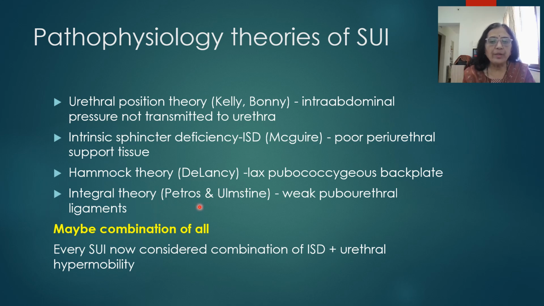The integral theory was by Petros and Ulmsten, and according to that, there is a weakening of the pubourethral ligaments that leads to the urethra becoming lax, and that leads to incontinence with raised intra-abdominal pressure.